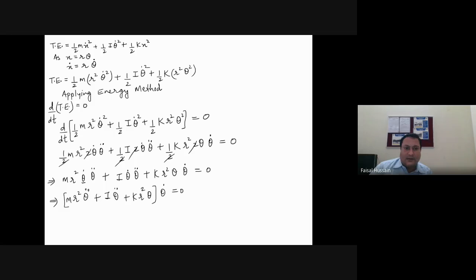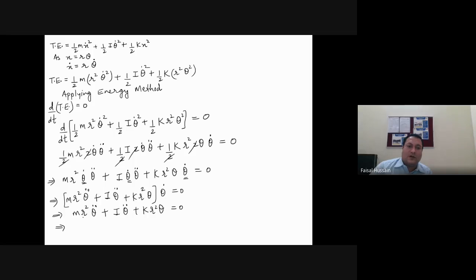Now I can write this equation as m r square theta double dot plus I theta double dot plus k r square theta equal to what?